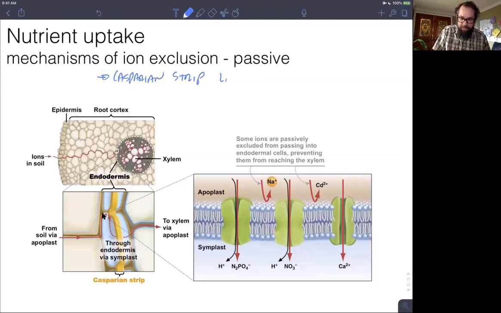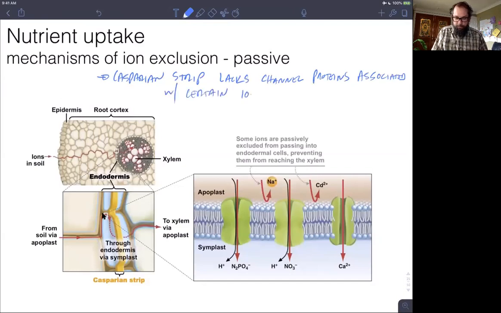The way that it does that is that the Casparian strip lacks channel proteins associated with certain ions that we want to exclude. Here, this shows an example of a sodium ion or a cadmium ion, while there are channel proteins, as we've talked about, that allow things like nitrogen or calcium through, essential nutrients that we want to get in there.